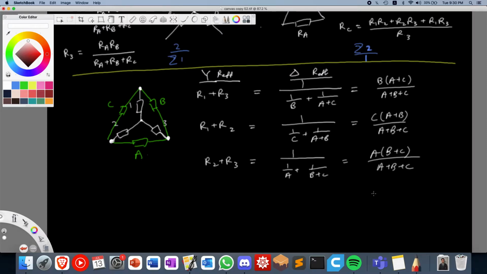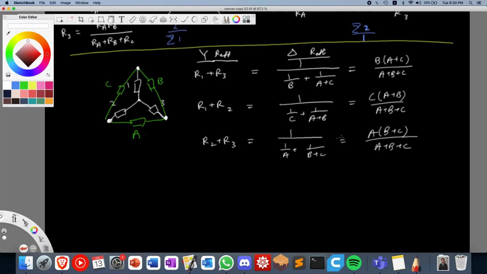These are the complete equations, basically these are the answers themselves. We just need to massage them into a form where we can express A in terms of R1, R2, R3, and each of R1, R2, R3 in terms of A also.